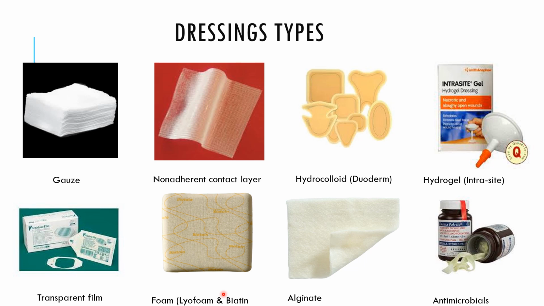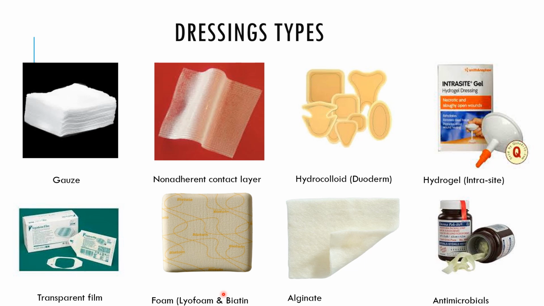And next is the hydrocolloid dressing. It comes in different shapes based on the area where we need to use it. They could be clear or skin-colored, like the dressing called DuoDERM. There could be other clinical trade names as well.